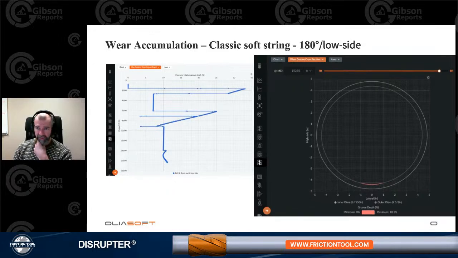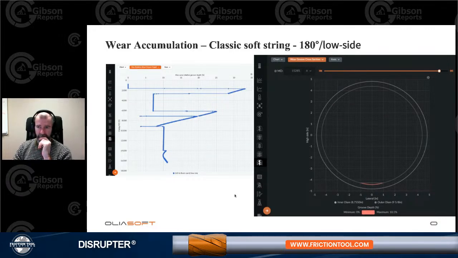Obviously the groove is still located at the bottom. We're now at 15,200 feet, so we are getting very close to the end of our casing. But it's still located at the bottom, and everything has accumulated there. The wear groove in this location is 10%.